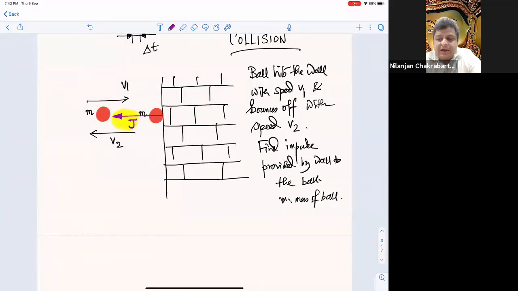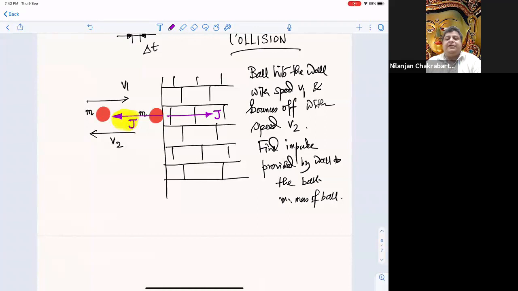In turn, the ball will also give impulse J to the wall, but that should not matter to the wall. Should that matter to the wall? It depends.